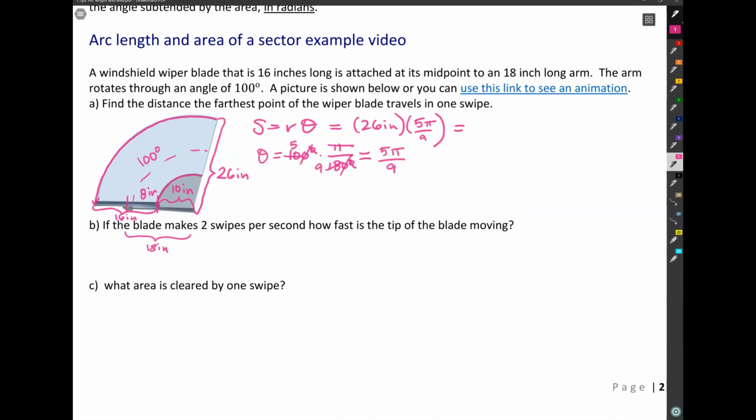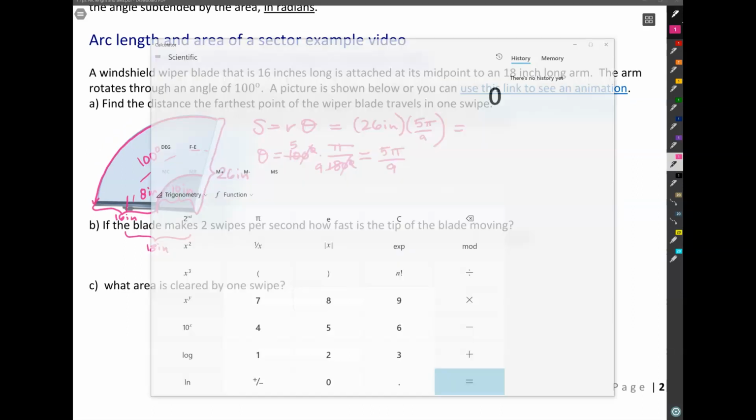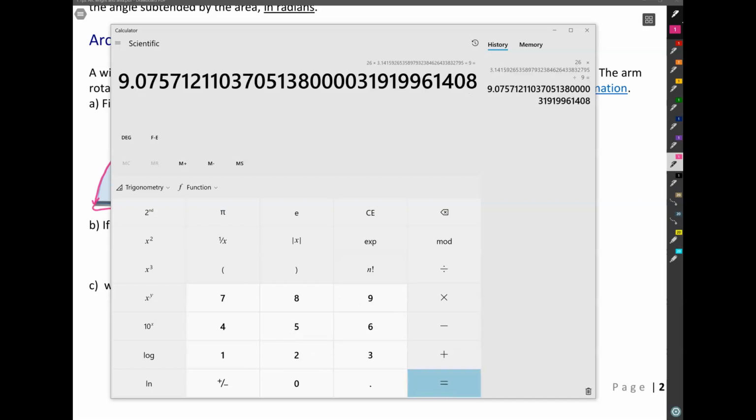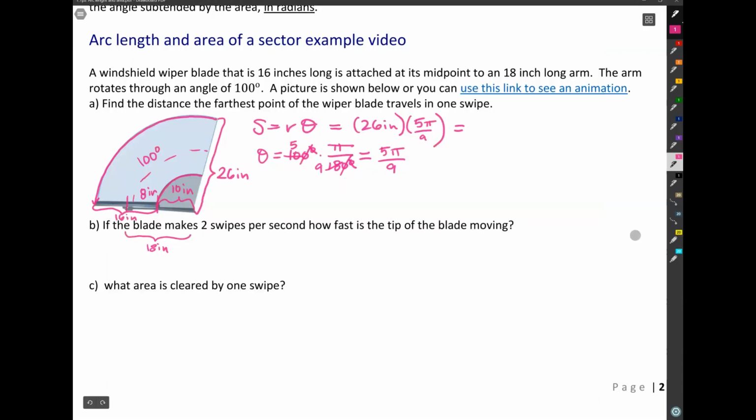26 times 5 pi over 9. I have no idea what that is, so here, I've got my calculator. Hopefully I know how to use this calculator. What is that giving me? Hold on, I don't believe it.